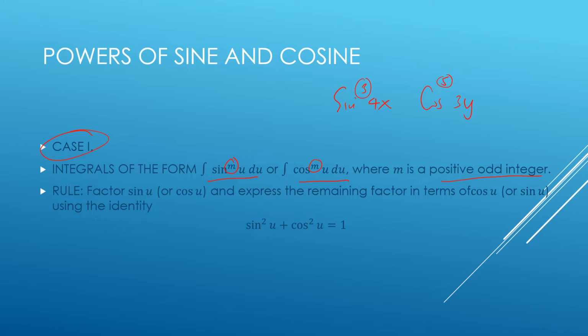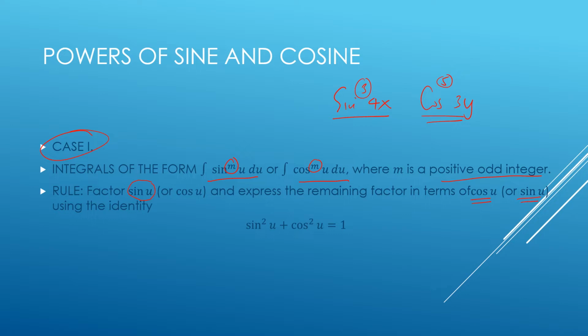And what is the rule? If we have a power of sine, we shall factor out sine u, or sine 4x, and the remaining factor will be expressed in terms of the complementary function, cosine. If we have a power of cosine, we will factor out cosine, and the remaining factor will be expressed in terms of sine.